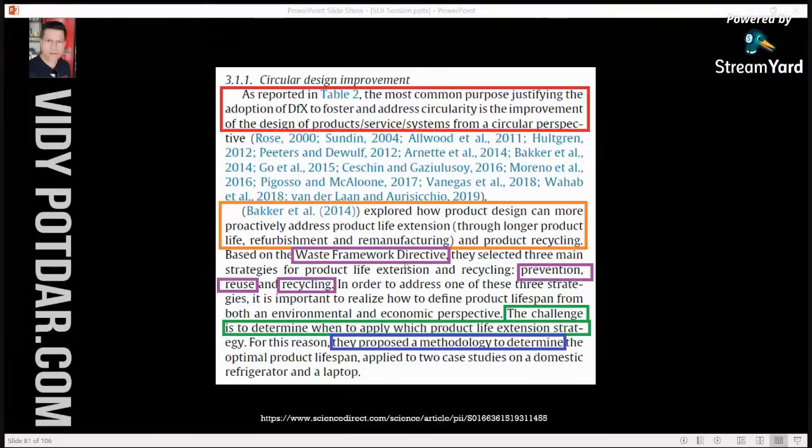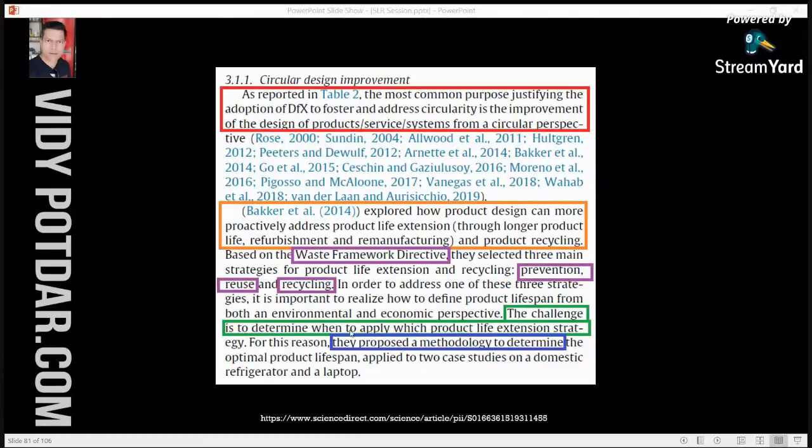Based on the waste framework directive, they selected 3 main strategies for product life extension. In order to address one of these three strategies, it is important to realize how to define product lifespan from an environmental and economic perspective. So here you can see some, not criticism, I would say, but some suggestion.